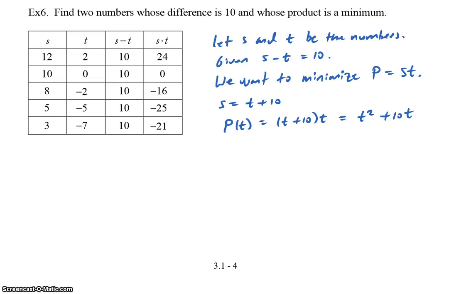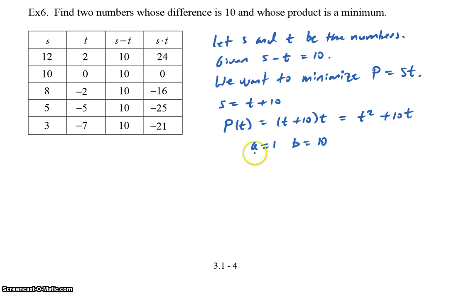So we obtain a quadratic function P of T equals T squared plus 10T. It's actually ax squared plus bx plus c, except we have T instead of x, and we have a equal to 1, b equal to 10.